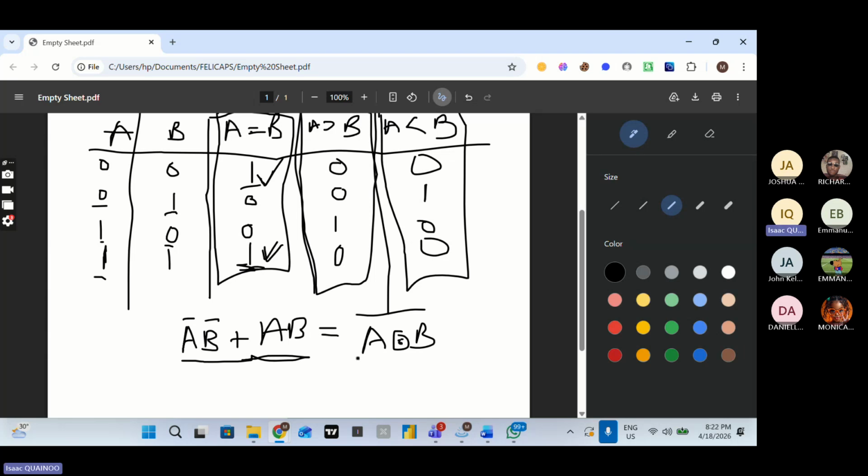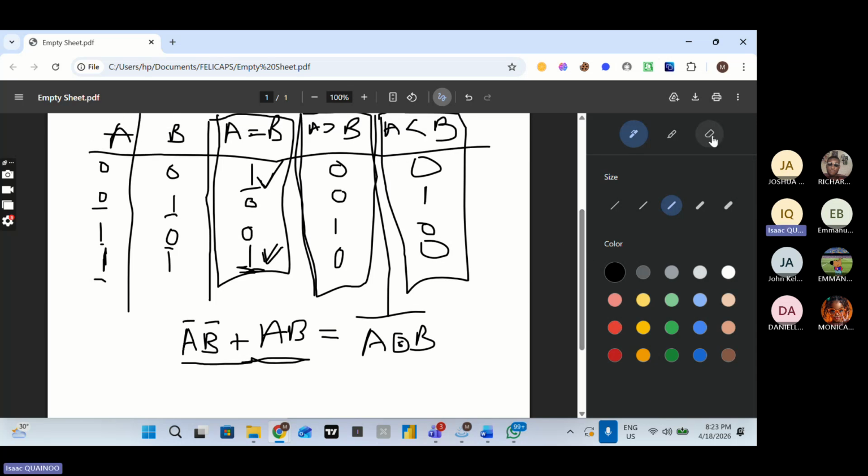Are you all okay with this? Yeah. Okay. So another way, or a very easy way that we could have arrived at this without going through the hassle of checking our truth table, is that, look, the equality rule says this.